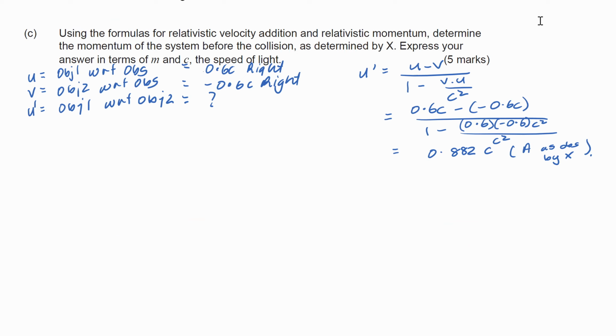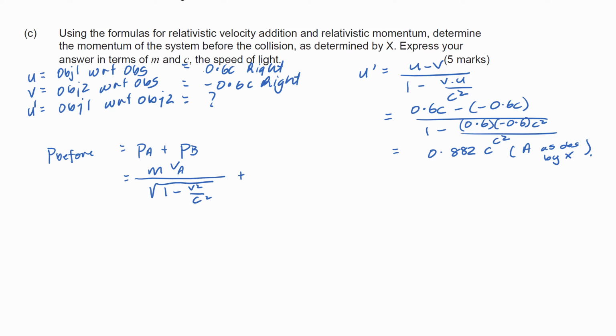Right, next we need to determine the momentum of the system before the collision as determined by X. So P before is equal to PA plus PB, as observed by X. So we've got mv over the square root of 1 take away v squared over c squared.